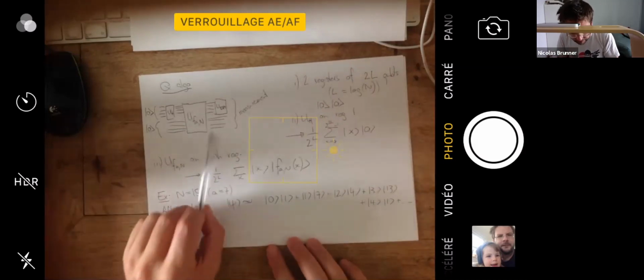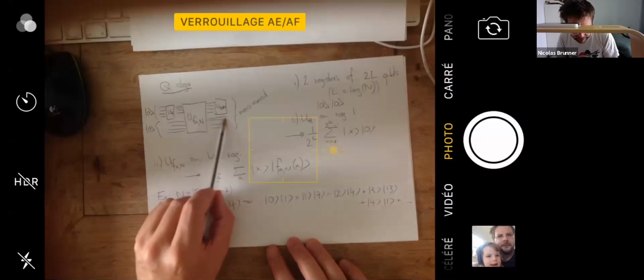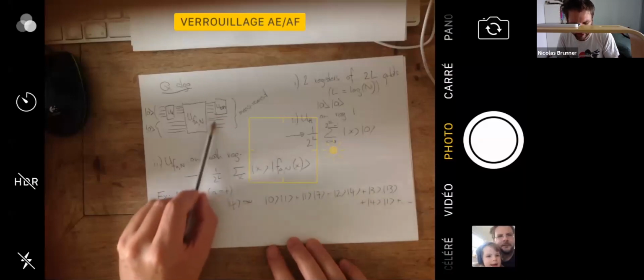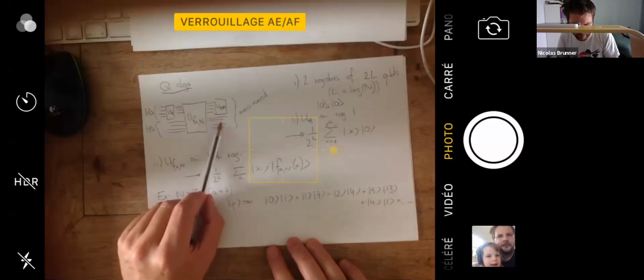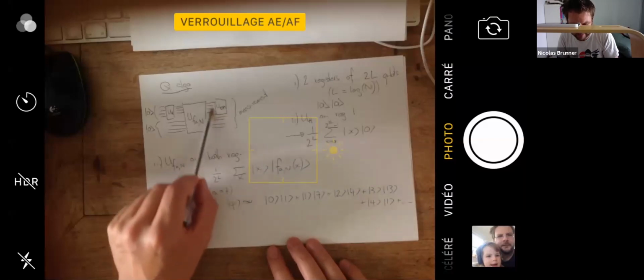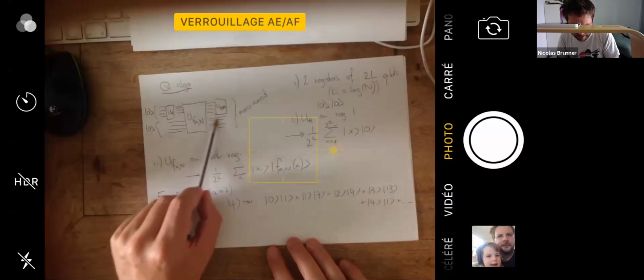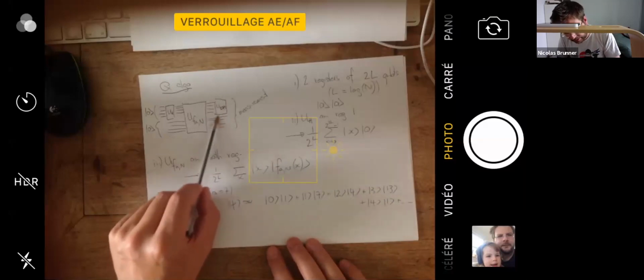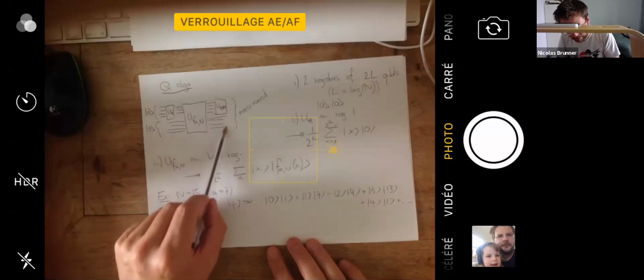Okay, so now let's imagine that we make a measurement here on the second register. We are going to discuss why this part is important in a minute, but to understand that, it's good to imagine that we first do this measurement.